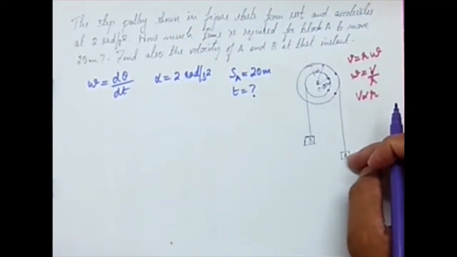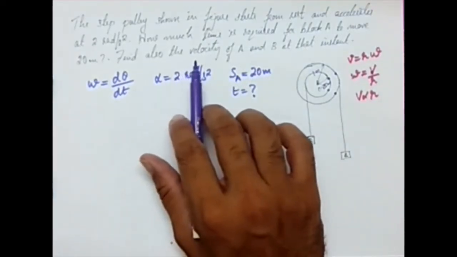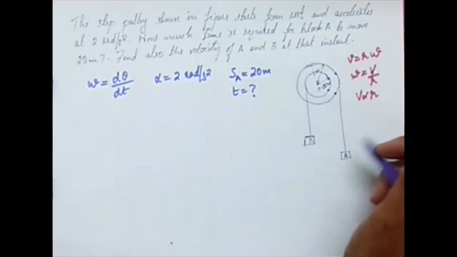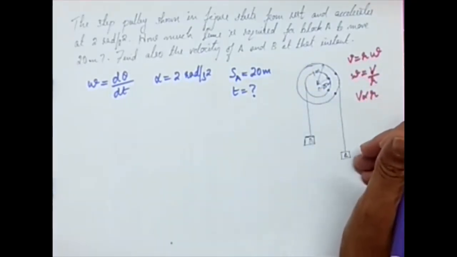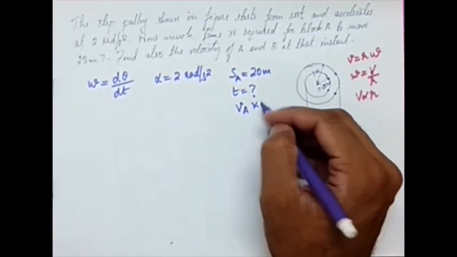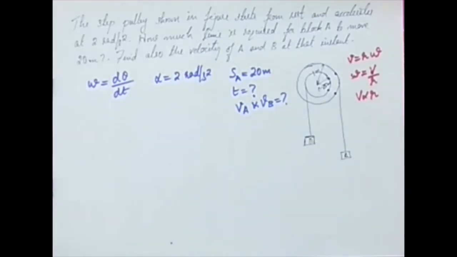Find also the velocity of A and B at that instant. So at the instant when it has moved 20 meter, we want to calculate the velocity of A and the velocity of B.